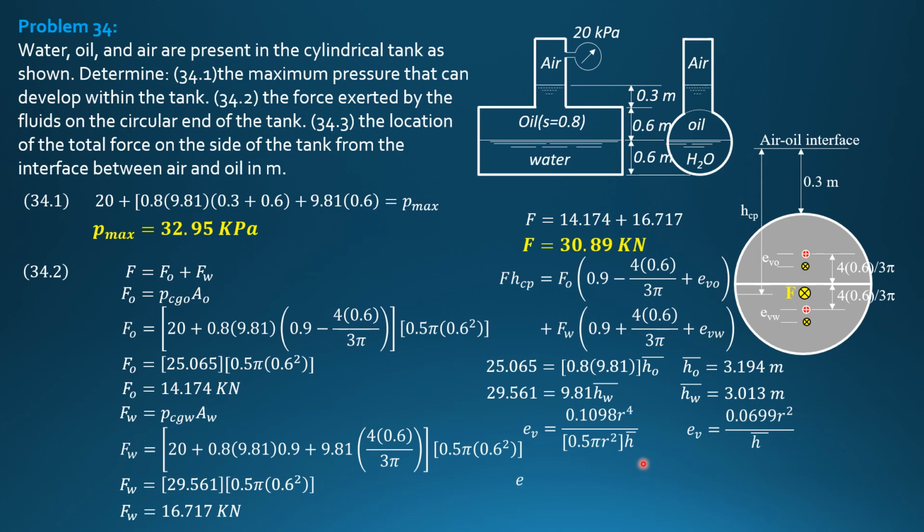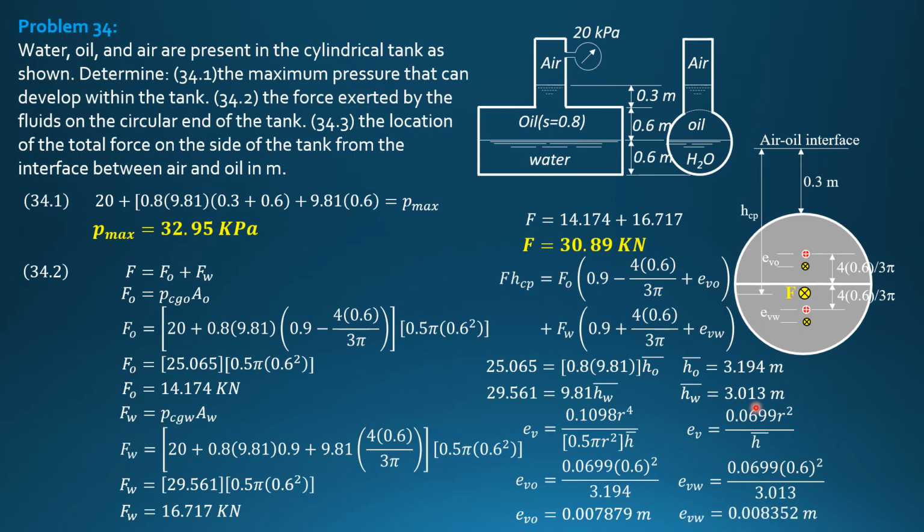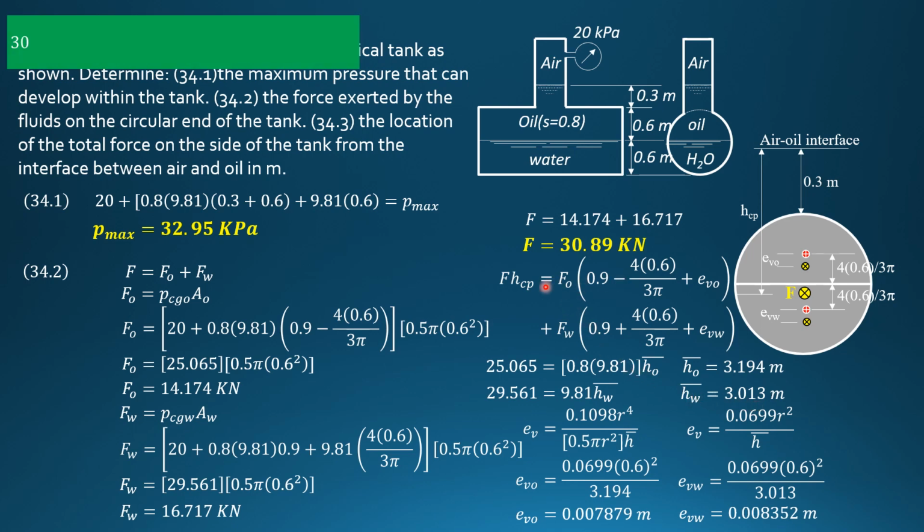So EV of oil is equal to 0.0699 times 0.6 square over 3.194, h bar of oil. So it is equal to 0.007879 meter, while E sub V of water is equal to 0.0699 times 0.6 square over 3.013. So it is equal to 0.008352 meters.